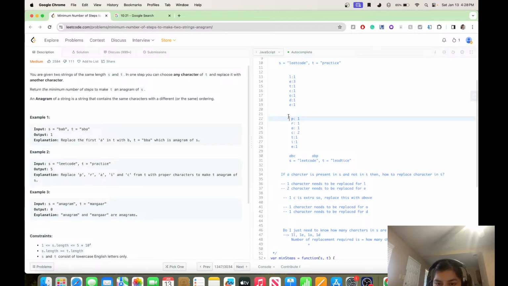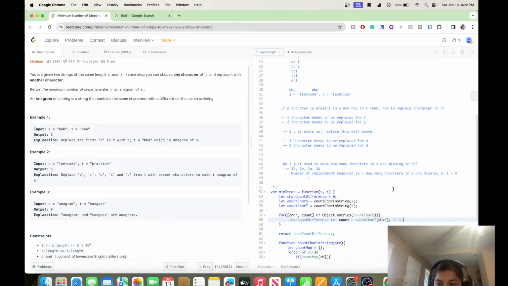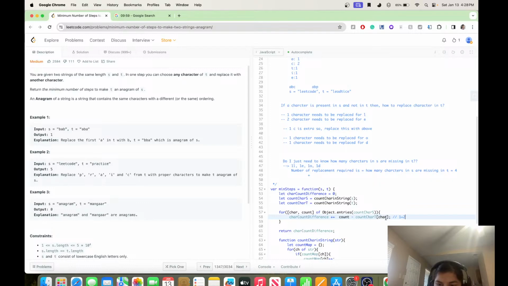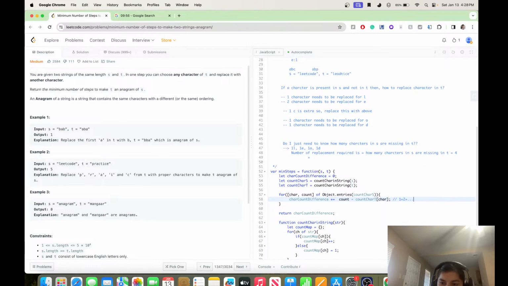So 1 is not here, so 1 minus 0 will be 1. This will be 1, and then it will be 2. Similarly it will go on and on and on.